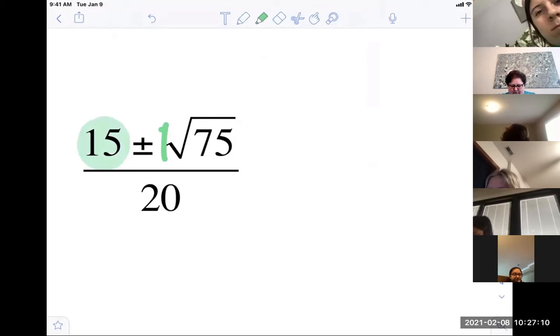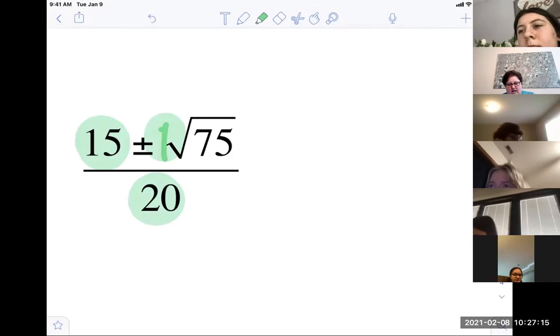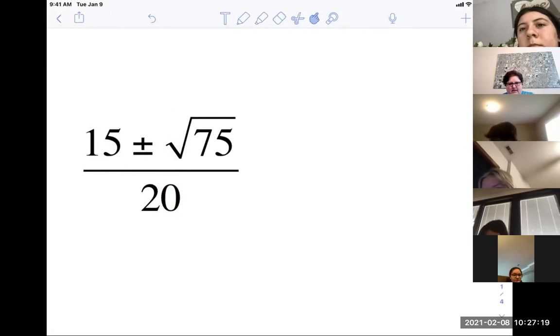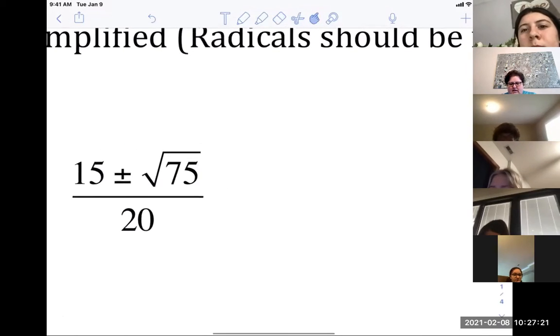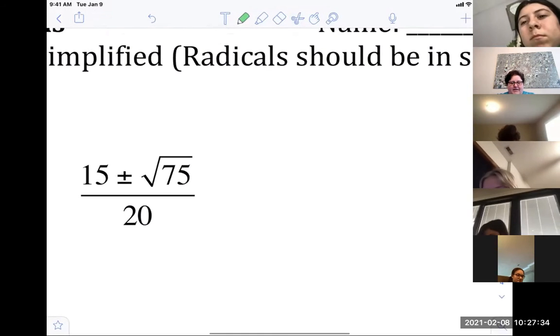So you have to be careful because you're only allowed to work with the numbers that are on the outside of the radical. Okay, so Rachel, you have an idea of what we can do before we try to divide? I don't know. That's okay. Alexis, what do you think? Simplify root 75. Okay, how does that simplify?